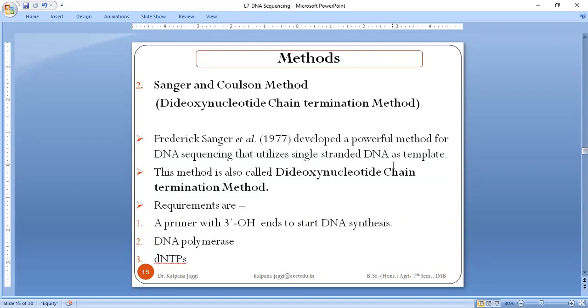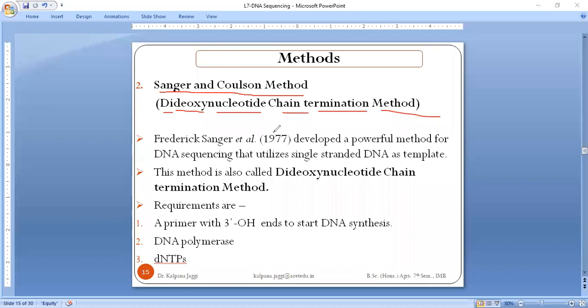Now I will be talking about another method, that is the Sanger and Coulson method. Since this method was developed by Sanger and Coulson, on the basis of their names, this method is named. Another name for this method is the di-deoxynucleotide chain termination method, and this di-deoxy I have already elaborated to you.